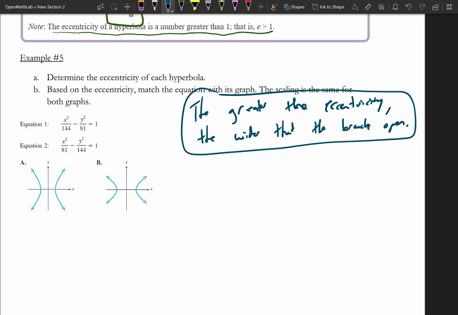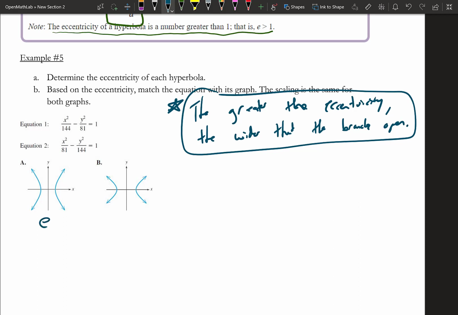Right? So if we look at example 5, first of all, we want to determine the eccentricity of each hyperbola. And then part B, based on the eccentricity, we want to match the equation with its graph. The scaling is the same for both graphs. So we have two equations, we have two graphs, and with this fact that I just wrote down, that the greater the eccentricity, the wider the branches, this one is going to have a greater eccentricity than this one.